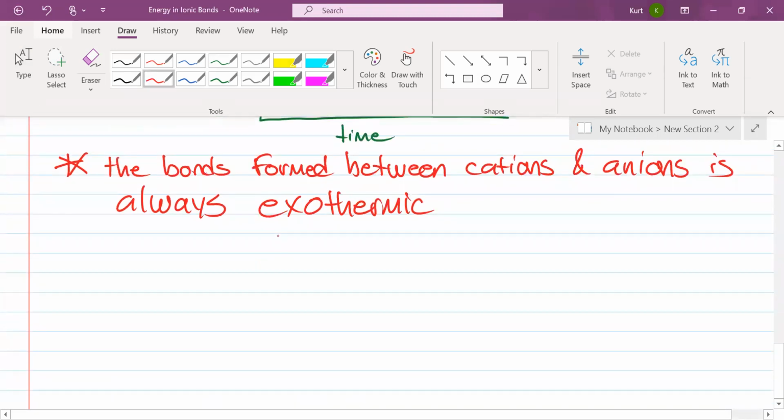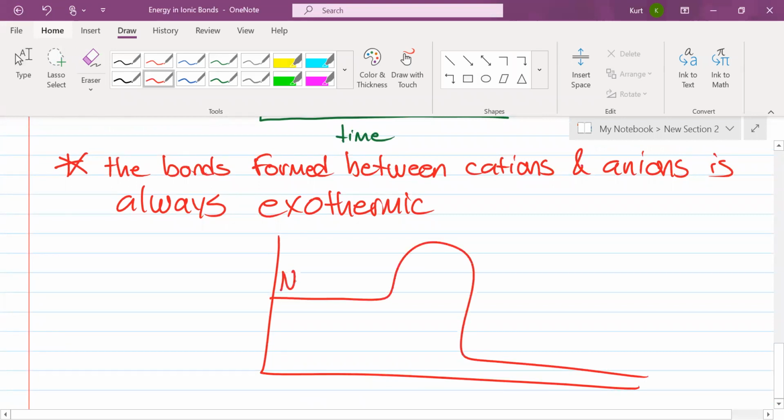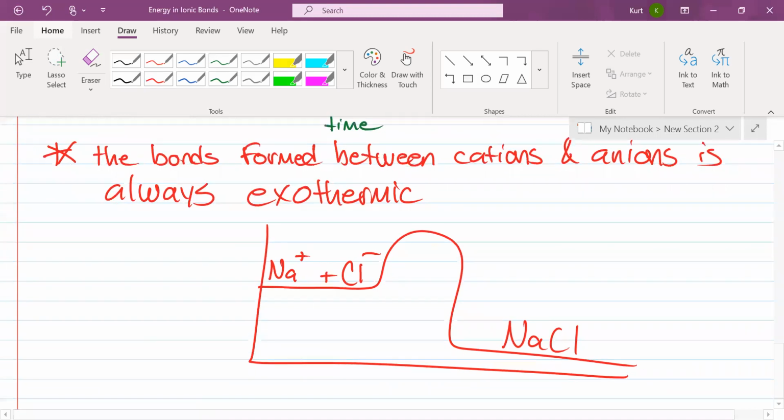So this is how it will look. Na plus Cl, you have NaCl. The product has less energy than the reactants do. Now, what if you were to break this down?